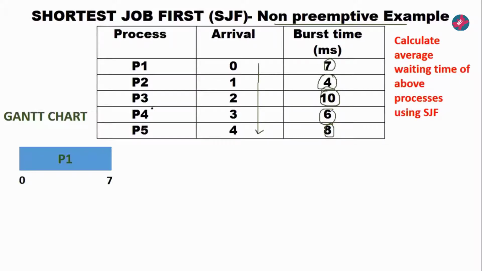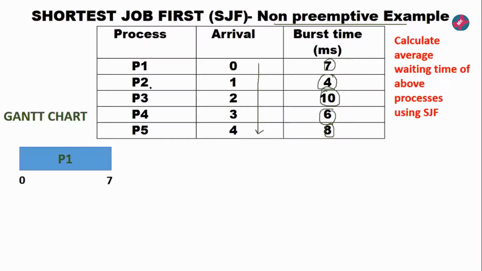That if a process is executing and even if a next process with a shorter CPU burst enters the system, the current process will not be interrupted. Hence, even though the shorter CPU burst has entered, the execution of P1 will not be interrupted. That is why we call it a non-preemptive approach.